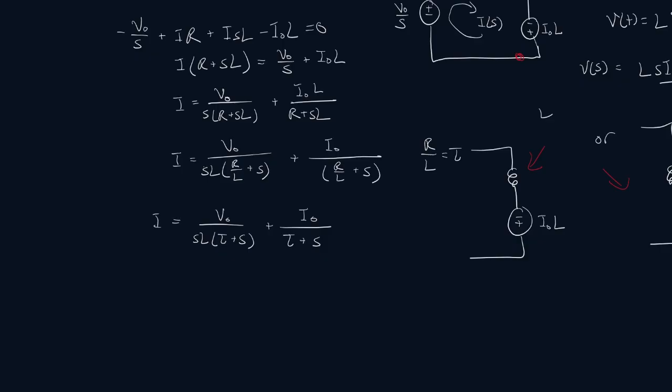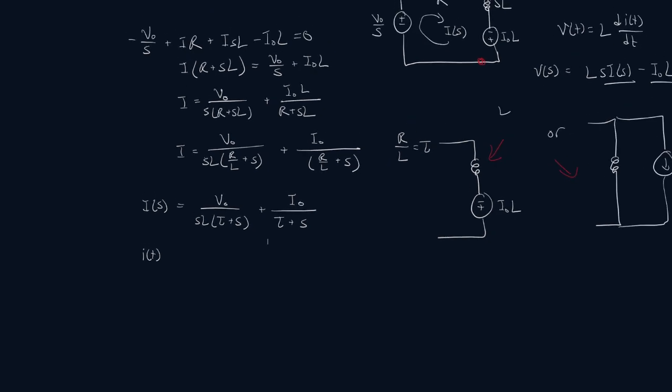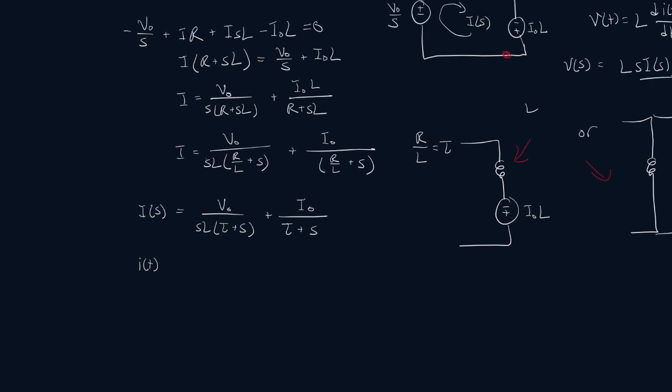So now we just have to find the inverse Laplace of all of this. The inverse Laplace of I of S is just equal to I of t. The inverse Laplace of this should be easy. If I'm not mistaken, since IO is like an initial condition, it should be the following.